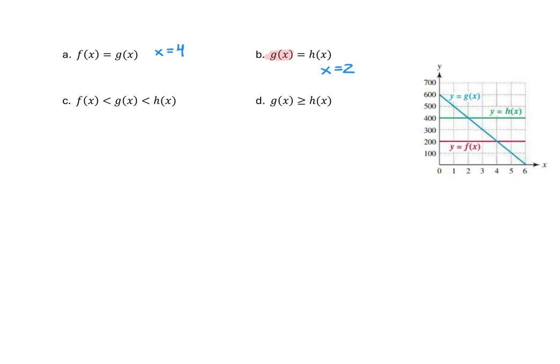Remember that with 3-part inequalities, you have to satisfy all of the conditions. So we want to know what x values give us red below blue below green.